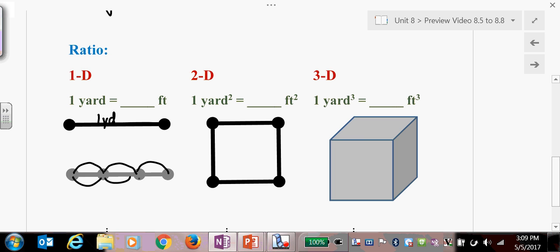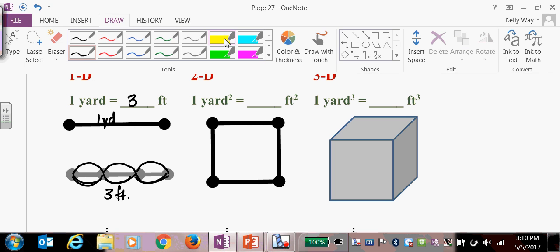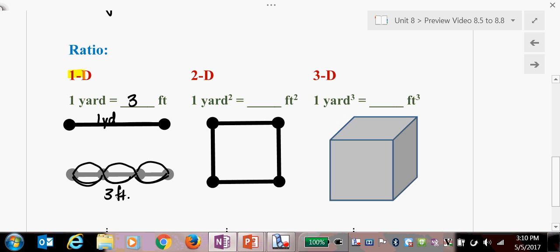One, two, three. So we know that 1 yard is 3 feet. That conversion, the one you've learned since you were just a kid, is only in the first dimension.